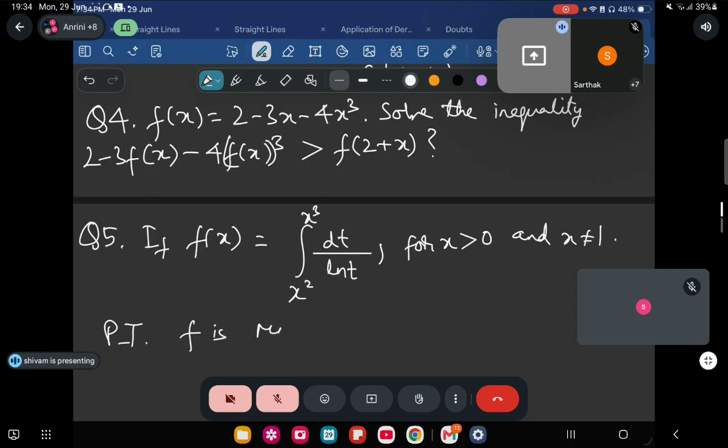Proof problem, you have to send me the whole solution. Solve.